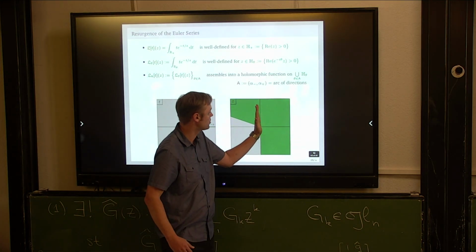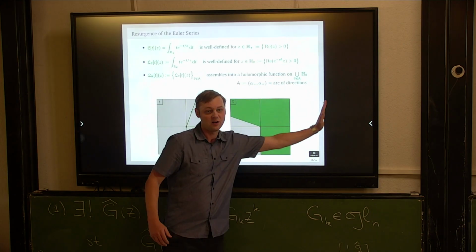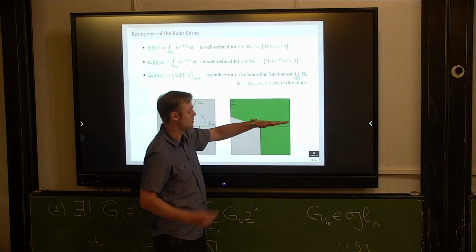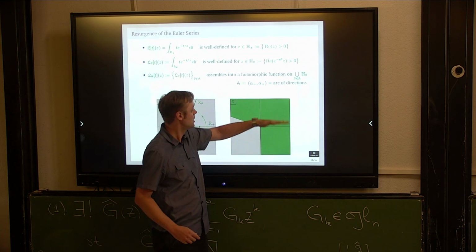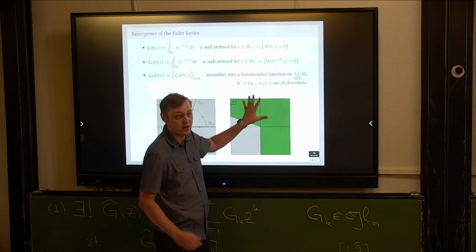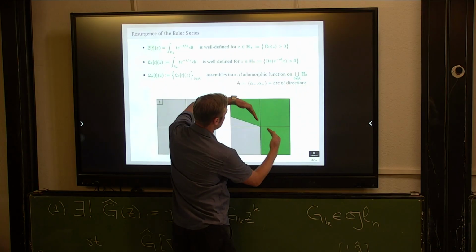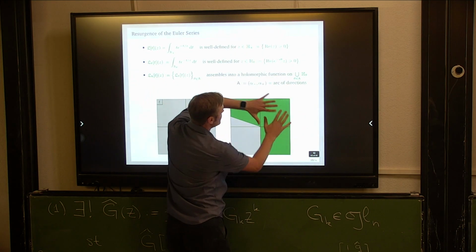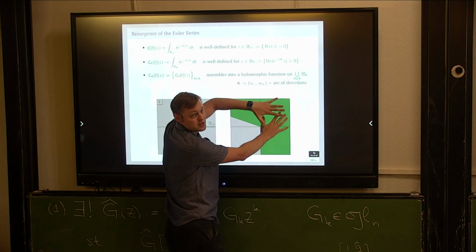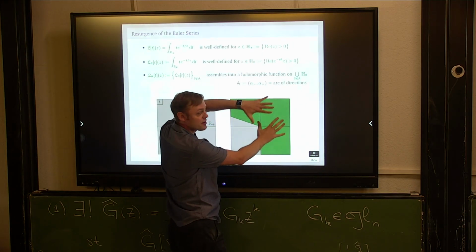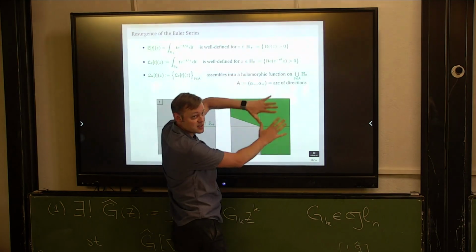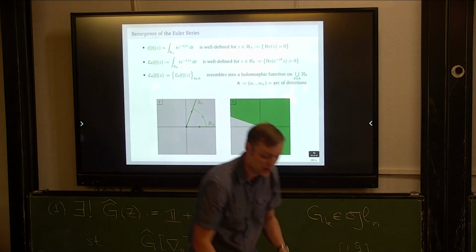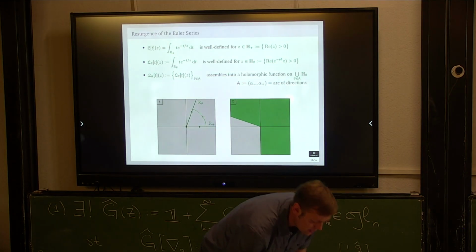I started with a function which was defined in a half plane like this, and I start rotating this ray of integration, and I get a new function defined on some new half plane, but in the intersection of these domains, the two definitions agree, and so they define the same holomorphic function. So this is an example of analytic continuation of a function. Does this make sense?